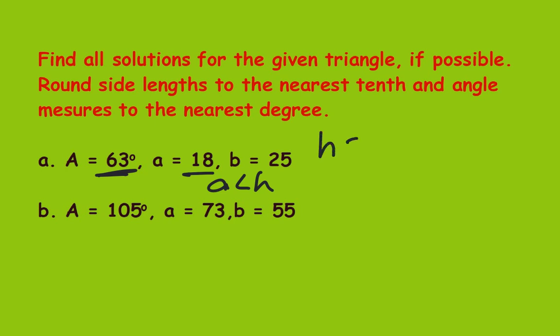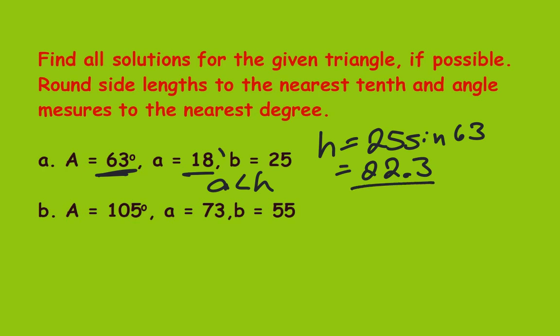And then H is equal to 25 sine of 63, which gives me 22.3. 22.3, that is greater than 18. And because H is longer than A, that means H is how far it would take to touch down here. It's going to take 22.3 for this side to reach, and it only goes 18, so it means there is no solution.